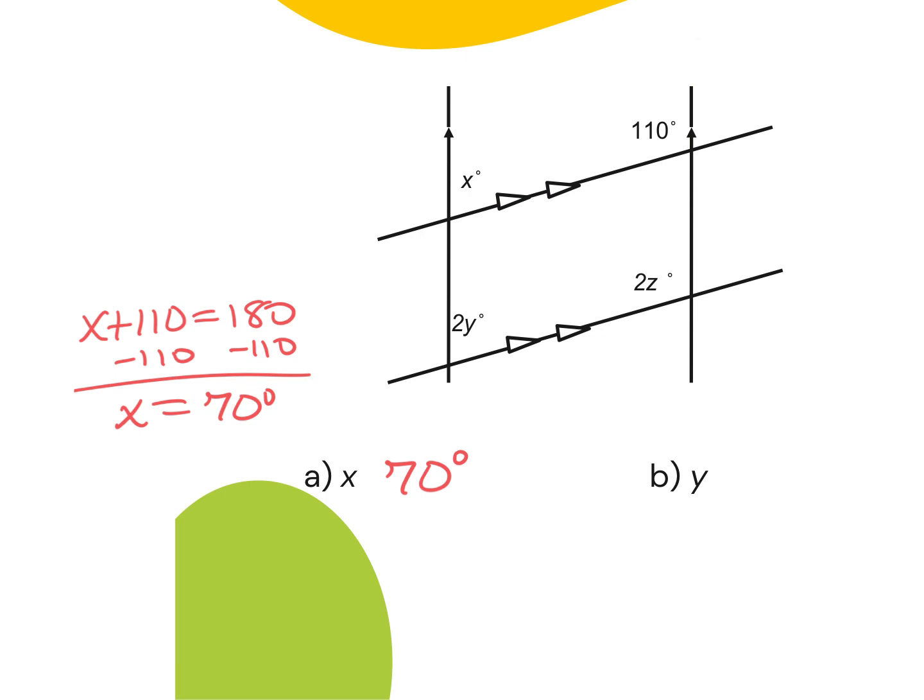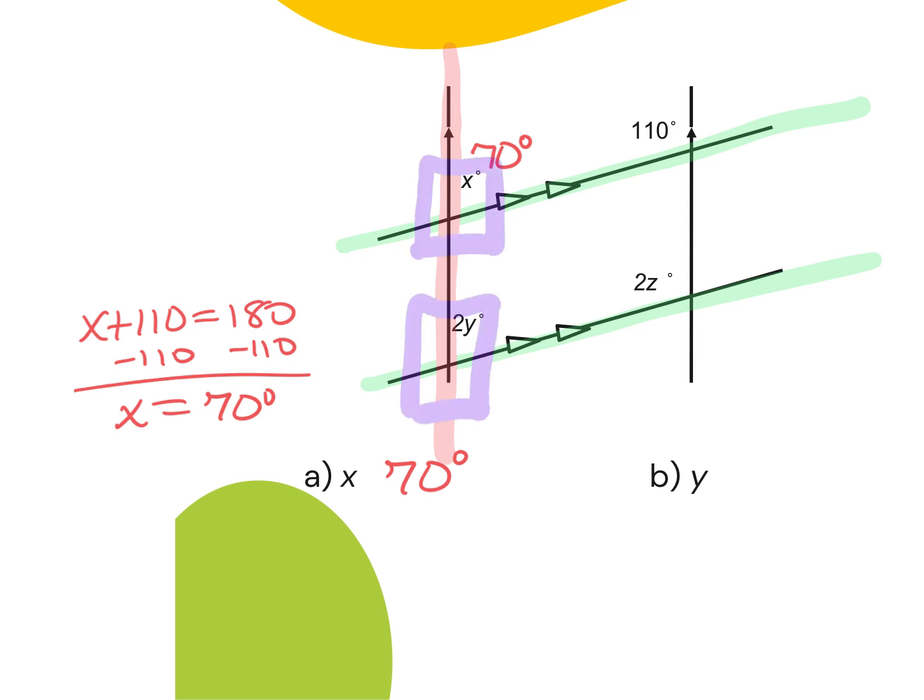I'll put the 70 back because I need that 70. All right, so this is 70. So now I'm going to use these two lines that are parallel, and I'm going to use this line as the transversal. What kind of angles do I have with my x and my 2y? What kind of angles are those?